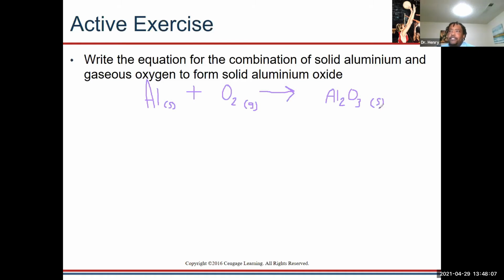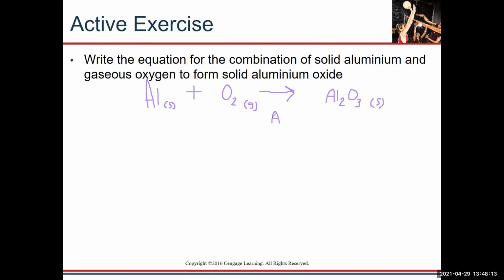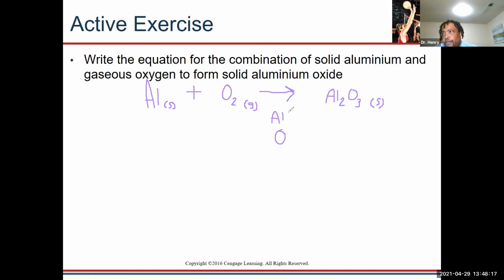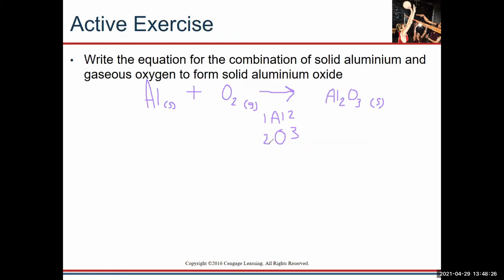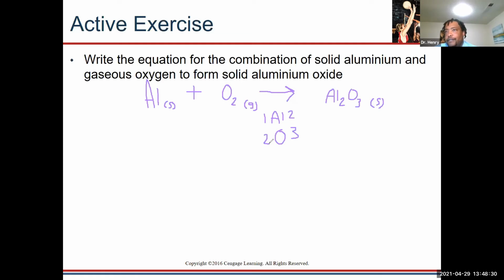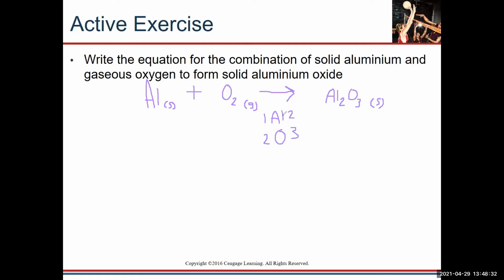Okay, so what do I do to balance it? List the common elements. Okay, so I have 2, 3, 1, 2. Is it balanced? No. So how can I start balancing? First, balance the Al2O3 because that makes it easier.